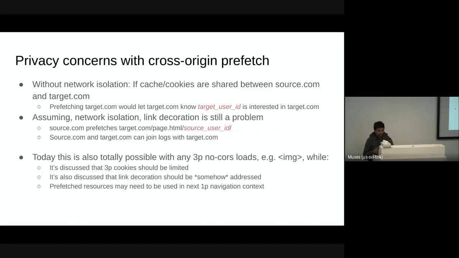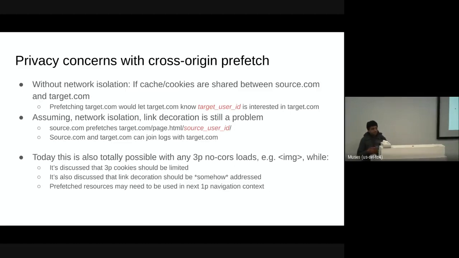An example is email.com fetches some origin, and then it basically tells the other website that the user has this ID on one website and this ID on another website, and then they can join together the logs and other stuff to track the user.